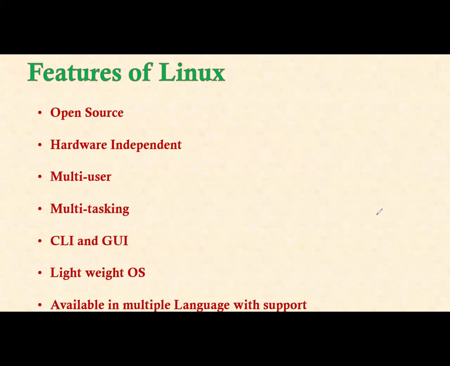Like Bengali, Gujarati, Telugu, Tamil, Hindi. So these languages we can use in our Linux servers as well. Normally, in 99% of cases we are not using them because when you go with a server, obviously it's a big company where people can be working from different cultures and different cities and states and countries and continents. But still, the option is available.